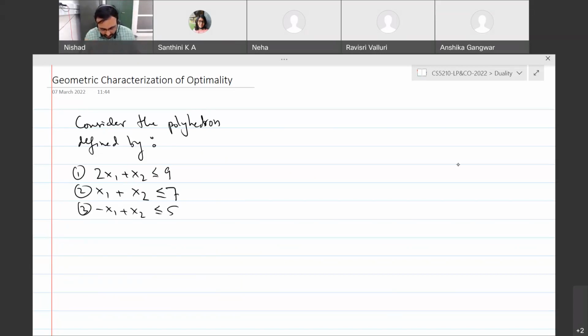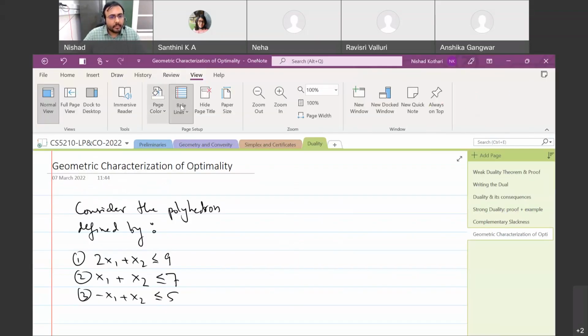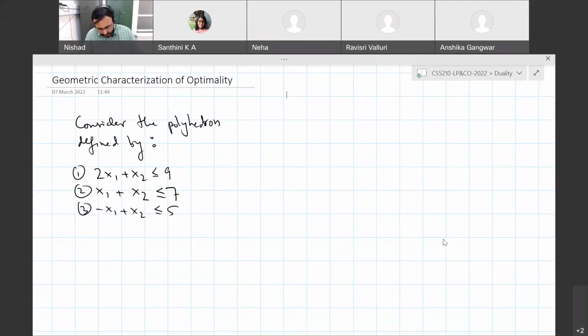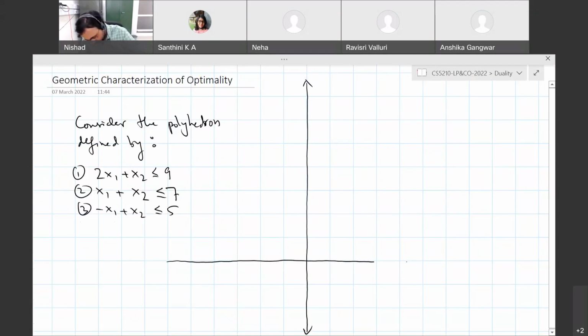And let's draw the feasible region. The first one is 2x1 plus x2 less than or equal to 9, so this is the point 9.